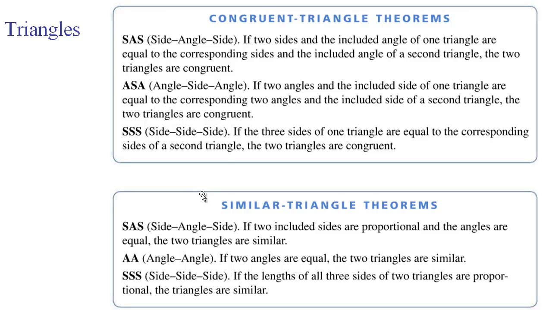SAS, SSS, you've probably seen these before. It's the idea of figuring out congruent triangles based on side, angle, side, angle, side, side, etc. These theorems just show you the difference between triangles that are congruent versus triangles that are similar.